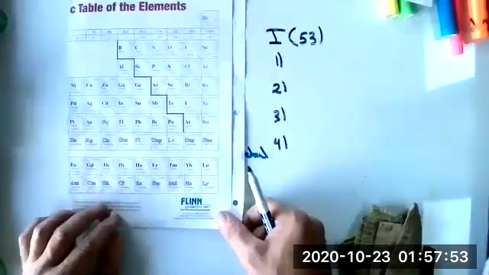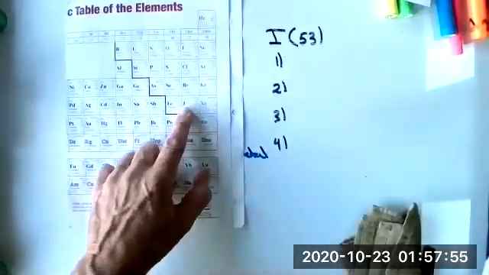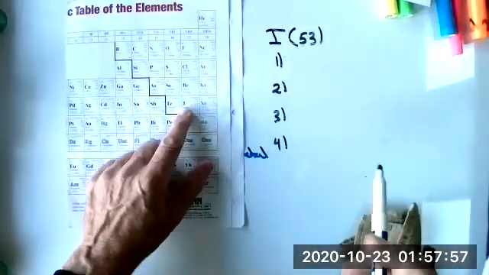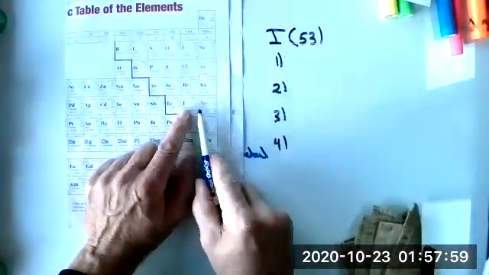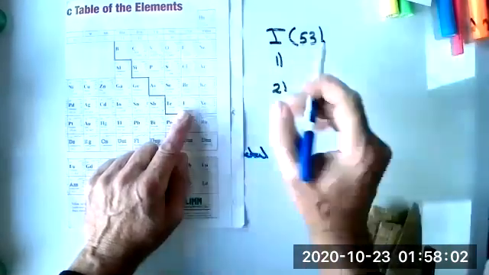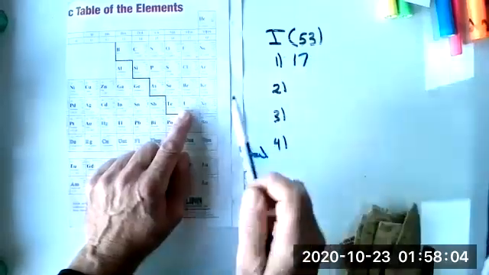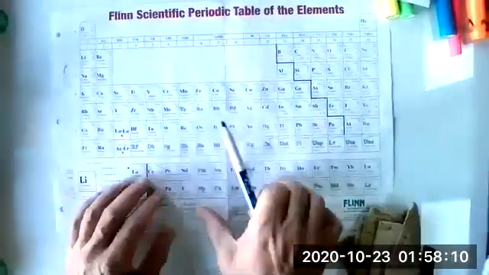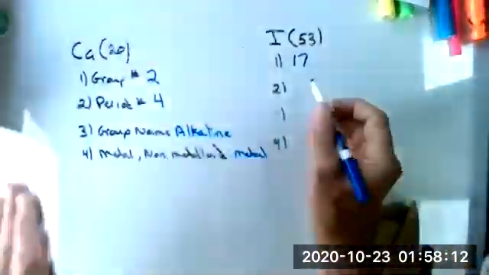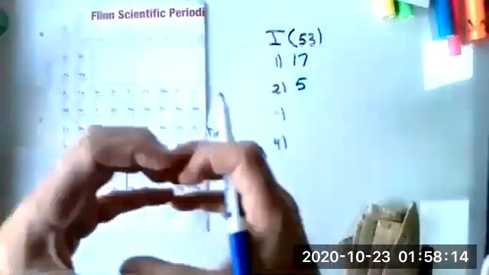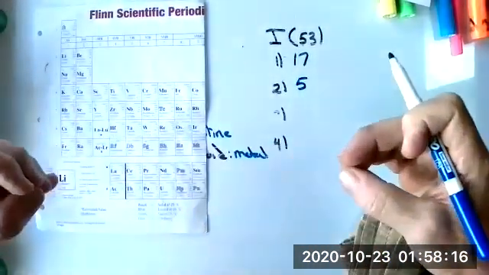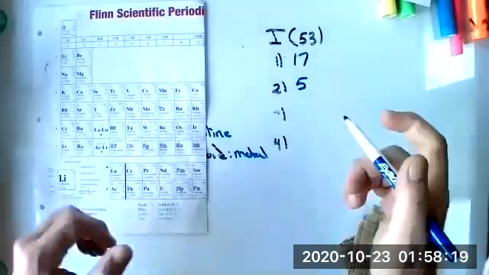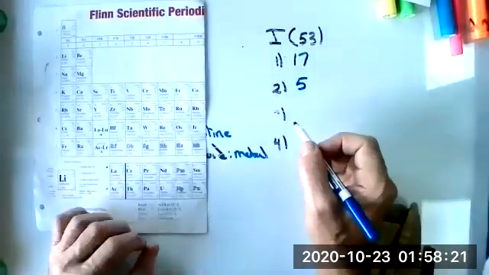Iodine. Oh, there he is. All right, so group. I just go right to the top, 17. Kind of a pain in the butt, but you've got to find him and go shoot him all the way across. There's his period number, period 5. So I know that all of those guys in that row are filling the 5th main level with electrons.